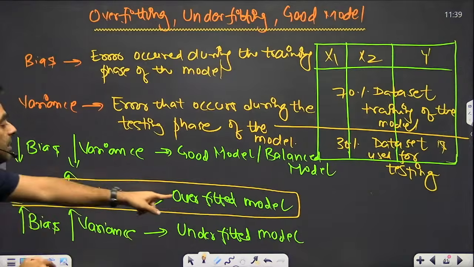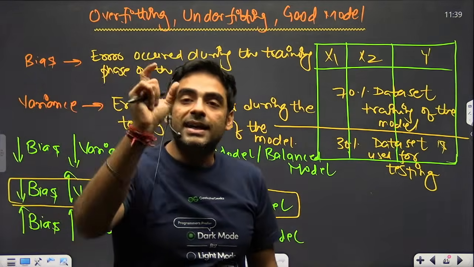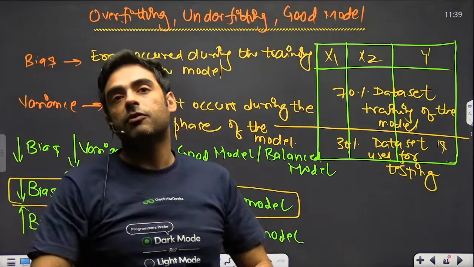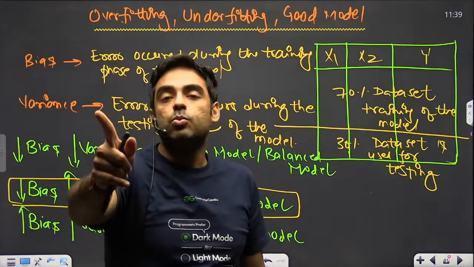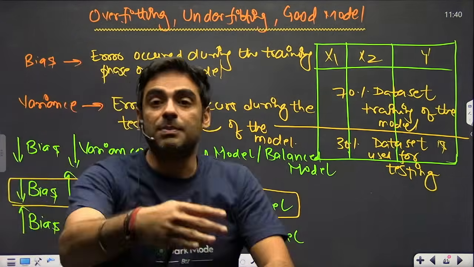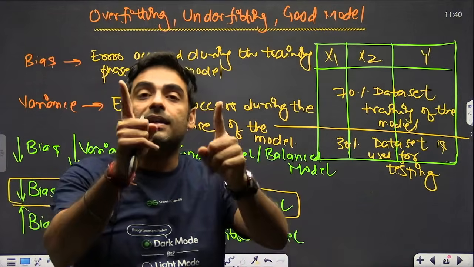So my model is an overfitted model. That happens when the model learns only a certain type of data, when it mugs up, memorizes its data. That is an overfitted model.